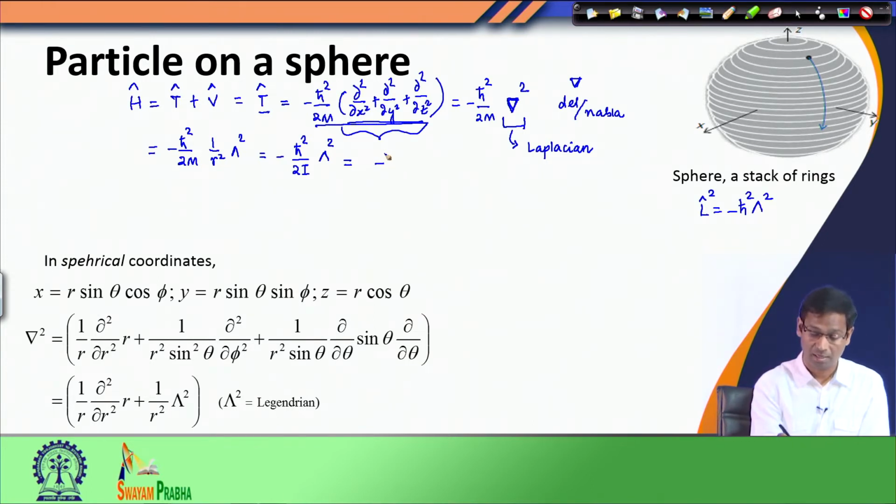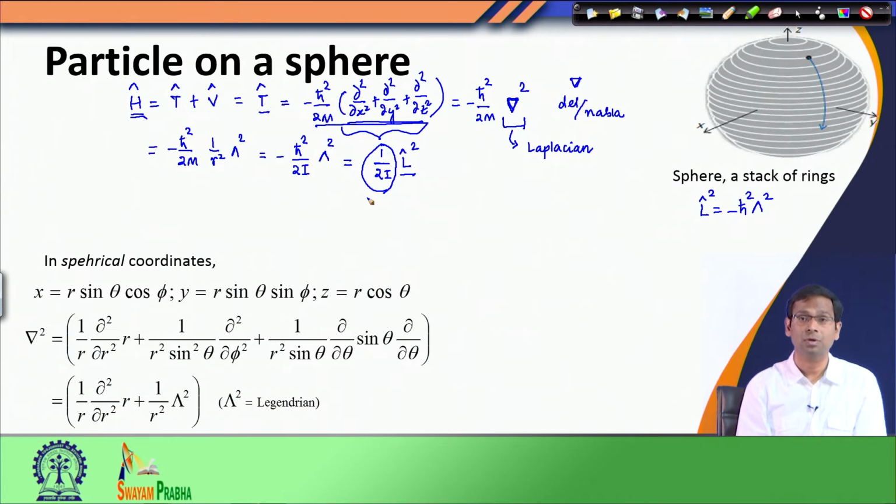So, if I rewrite my Hamiltonian now, instead of using the Lagrangian with minus h bar square, I simply have L square. Now you see what I have achieved: I have expressed my Hamiltonian in terms of the L square operator and a constant, because for a given problem the mass of the particle is known and the radius of the sphere is known. So, 2I is a constant. My Hamiltonian operator is expressed in terms of the square of the angular momentum operator, the L square operator.